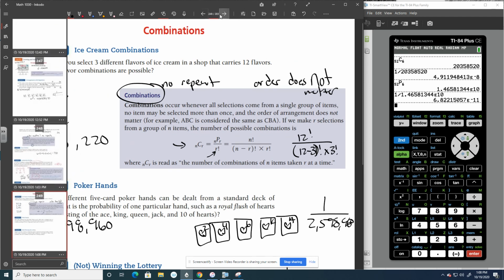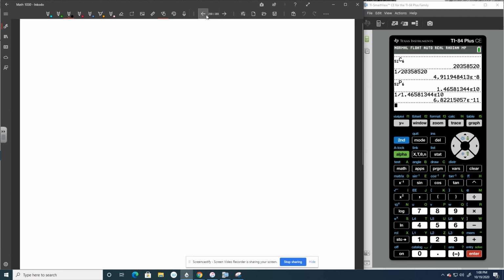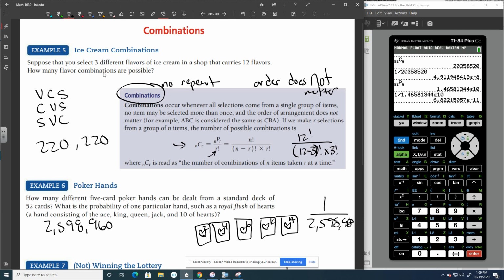Okay. So on the homework, let's see, what are we on? This is going to be 7E. It's going to ask you to choose the appropriate method and then to find how many different choices. So there are a couple of different ways they can ask you questions. If it just wants to know how many different possibilities there are, then you just do your combination, your permutation, or your repeating formula.